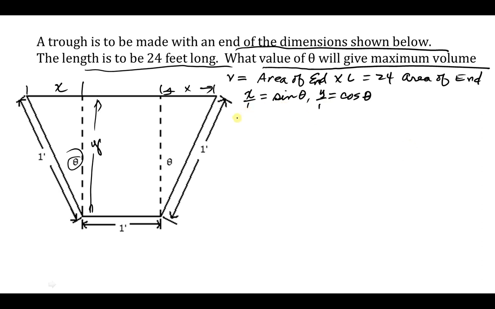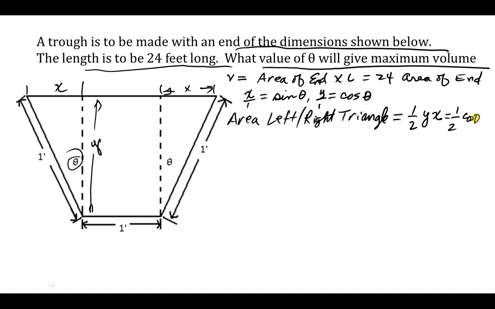So the area of the left and the right triangle would be 1/2 the base, which is y, times the height, which is x, which is 1/2 cosine of theta times sine of theta.